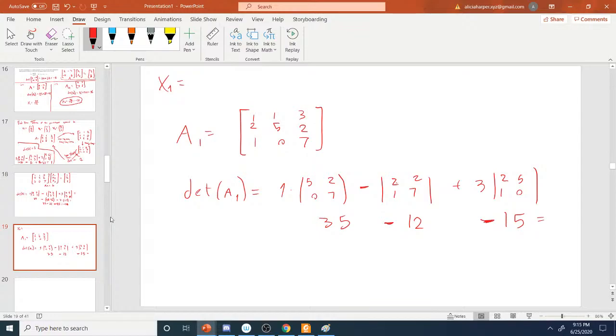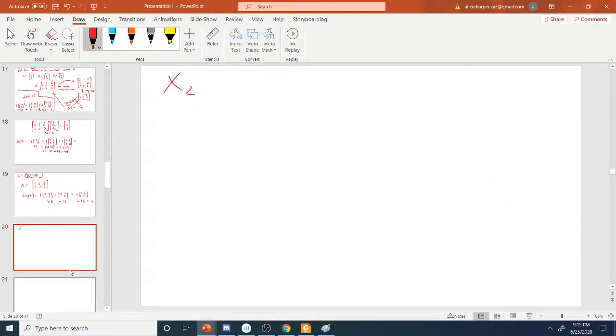If I subtract 12 from that, I get 8. So I get 8 here, and x1 is going to be 8 divided by negative 32. This solves for x1, and it remains to solve for x2 and x3. Now let's solve for x2. In this case, the matrix A2 is going to be the matrix 1, 4, 3, 1, 2, 1, 3, 2, 7.